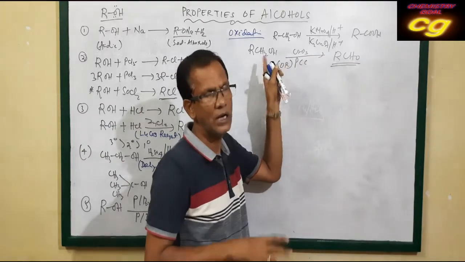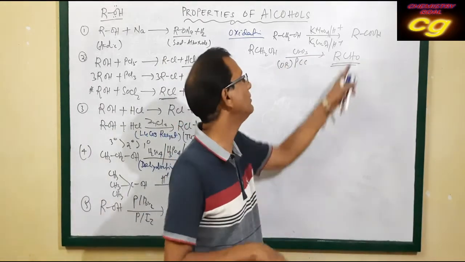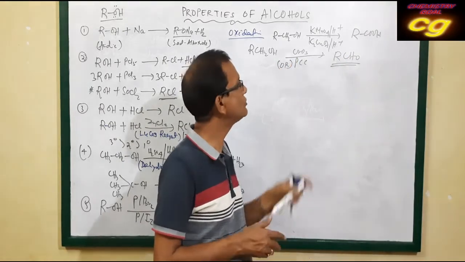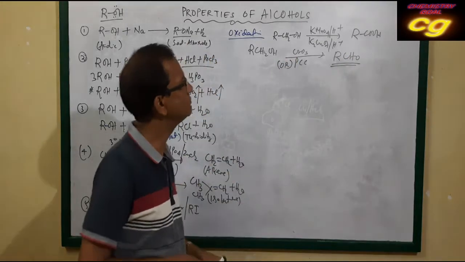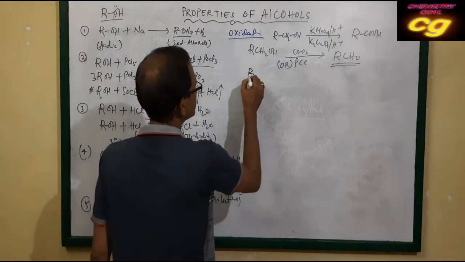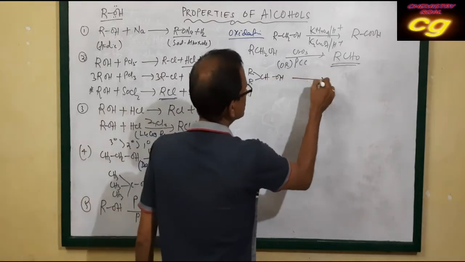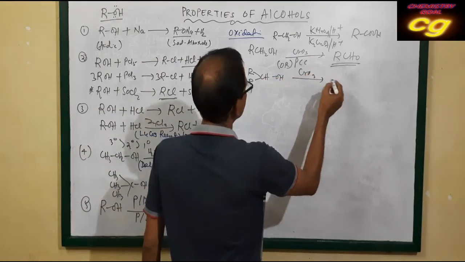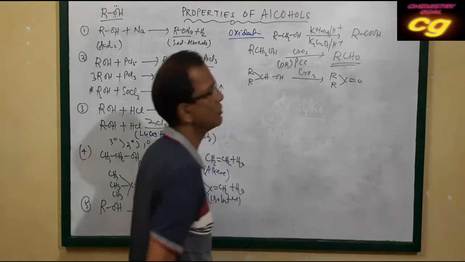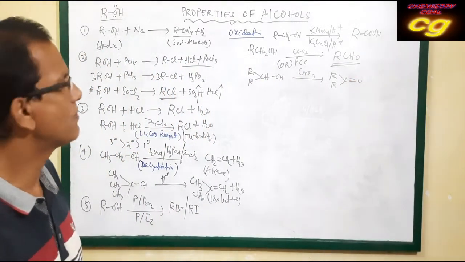First, alcohol oxidizes to aldehyde, and further oxidation gives acid. That's why you get only aldehyde with chromium oxide or PCC. But if you use secondary alcohol with the same condition CrO3, the result will be ketone.